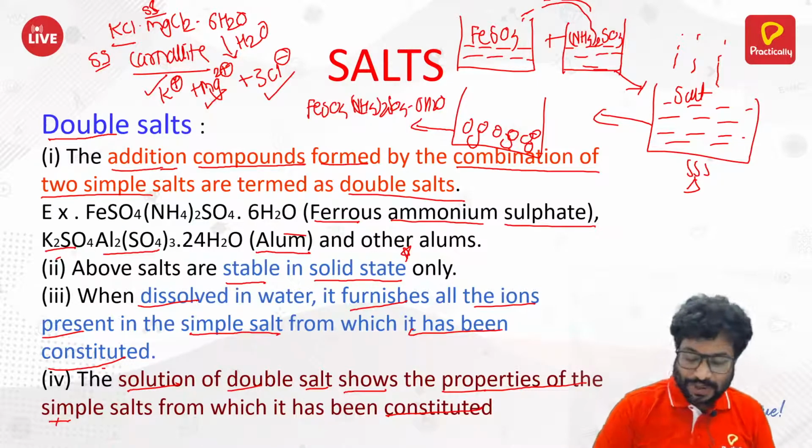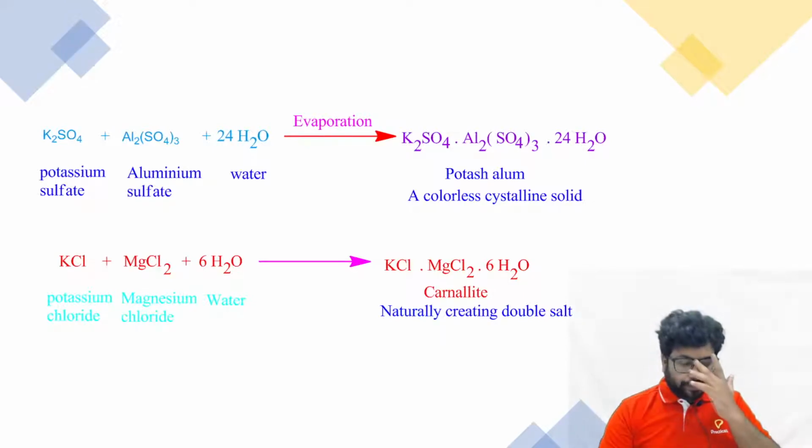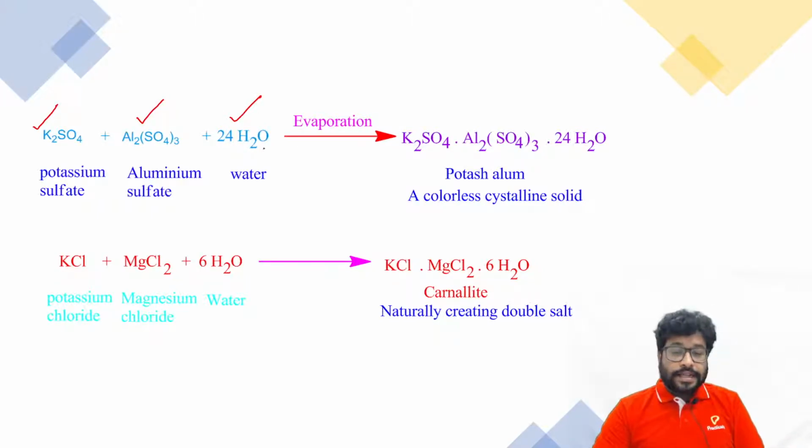Okay, moving ahead. As I told you, potassium sulfate, K2SO4, is simply mixed with aluminum sulfate along with water. Then that water is allowed to evaporate. Whatever remains behind combines together to give you potash alum, a colorless crystalline solid.